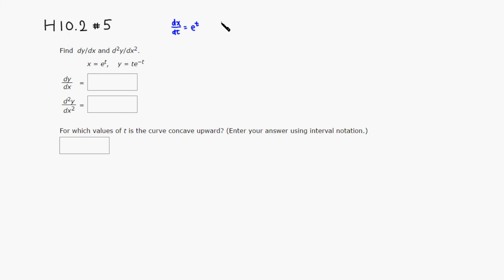Then also derivative of y with respect to t. I'll have to use the product rule, right? Two things multiplied together.